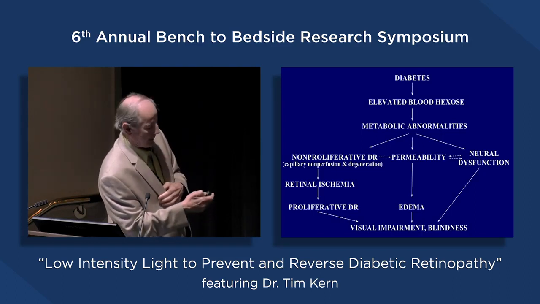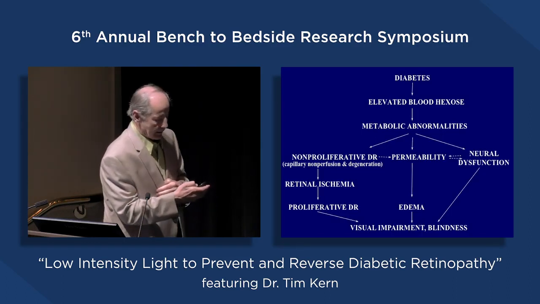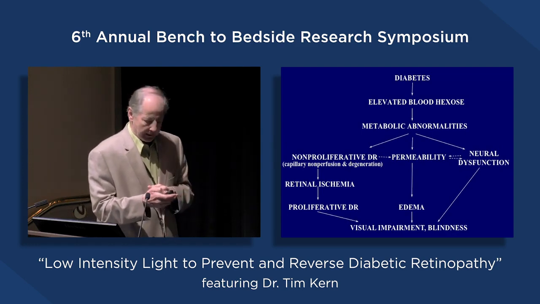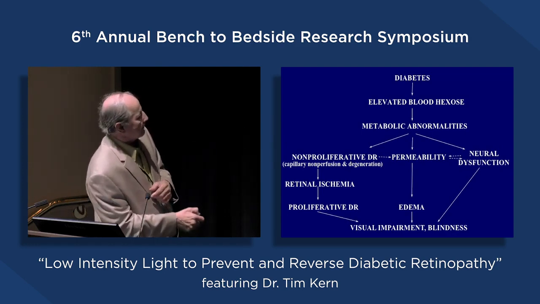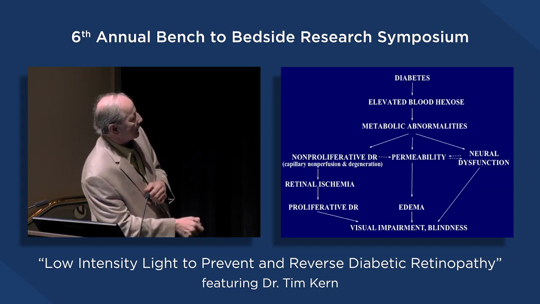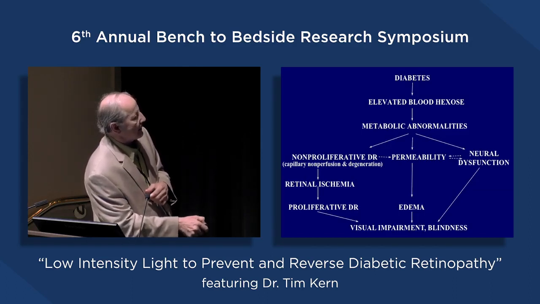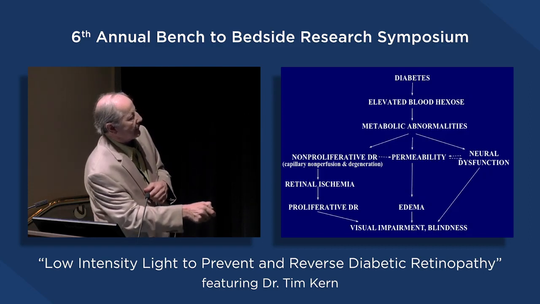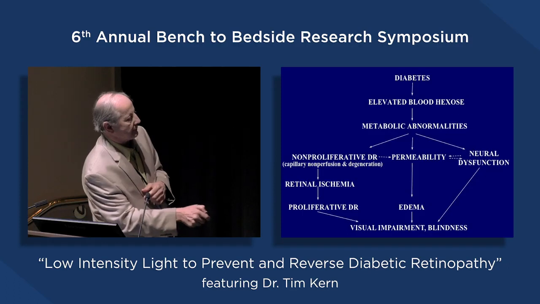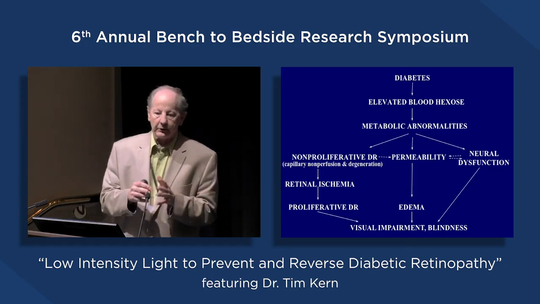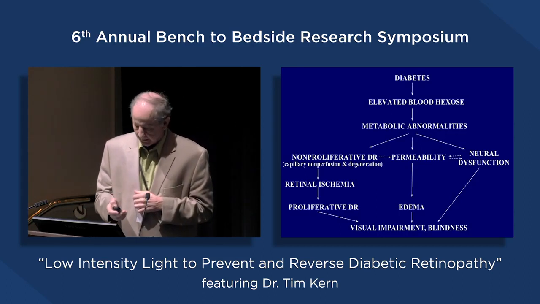Then you get abnormalities that eventually cause visual impairment in diabetic patients, the most notable being neovascularization in the vitreous and retinal thickening, or retinal edema. There is also a neural dysfunction, which doesn't cause blindness but does alter the quality of the vision.